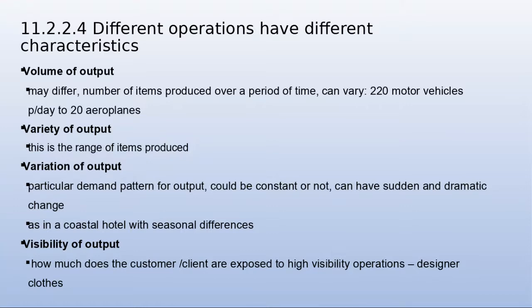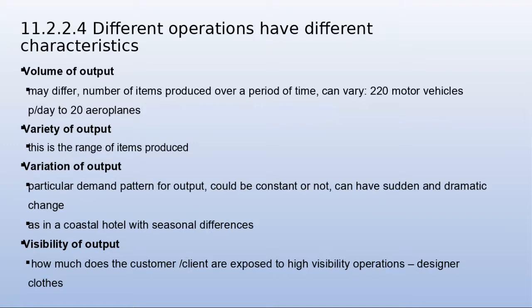And then the variation of output. If you think, for instance, of ice cream, or hot chocolate, or my new favorite, Milo, we don't really drink hot chocolate and Milo in December.